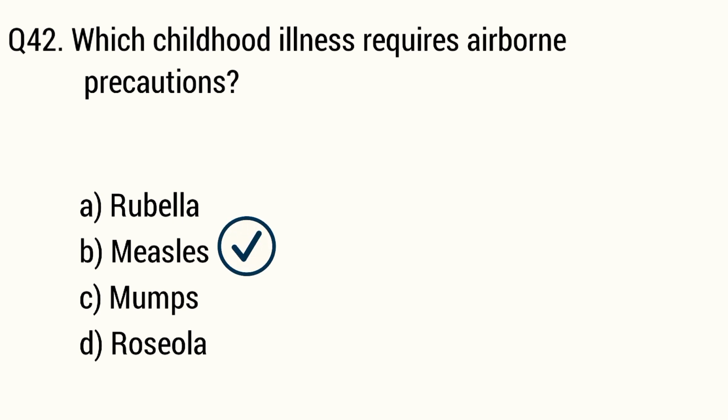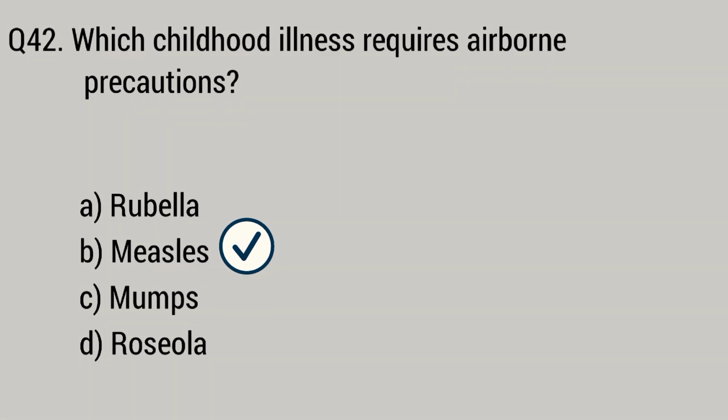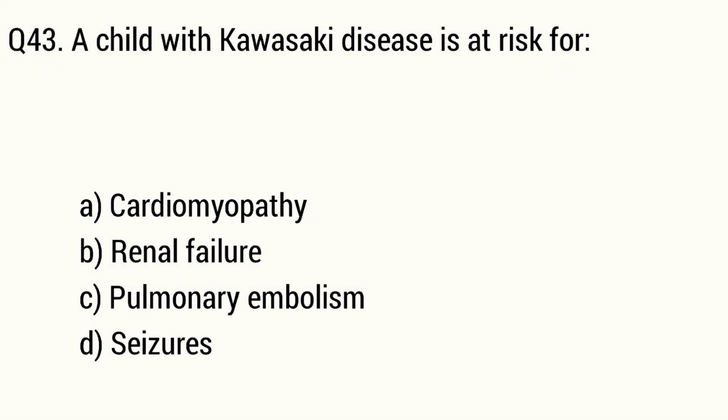The right answer is option B, measles. Question number 43. A child with Kawasaki disease is at risk for. The right answer is option A, cardiomyopathy.